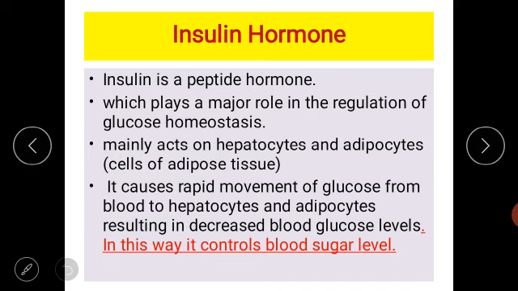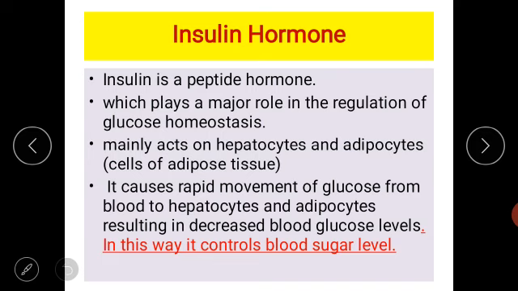level of glucose. So the question arises: why do glucagon and insulin, two types of hormones, carry out the same function, maintaining the blood sugar level? The answer is that glucagon maintains the blood sugar level when it is below normal, when it is decreased due to the fasting condition.